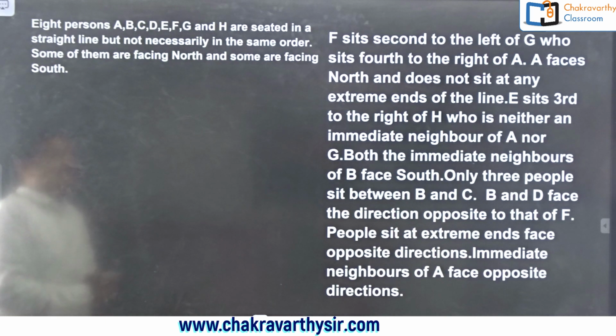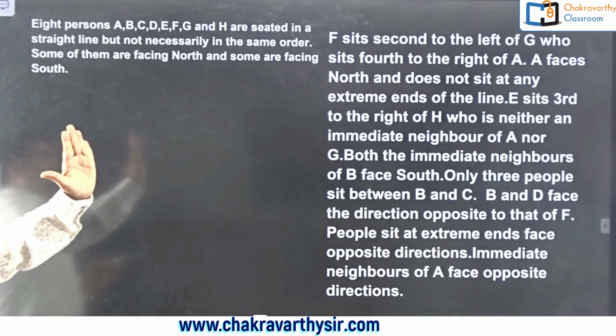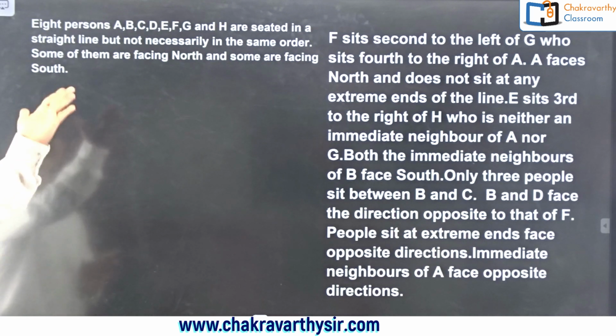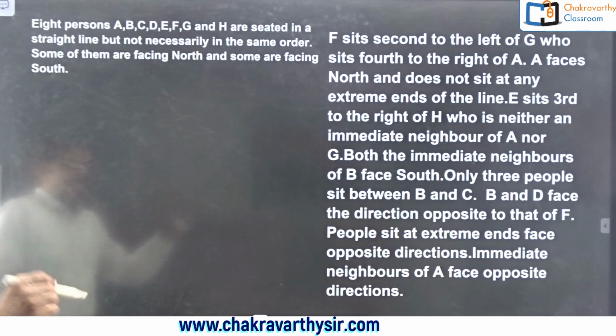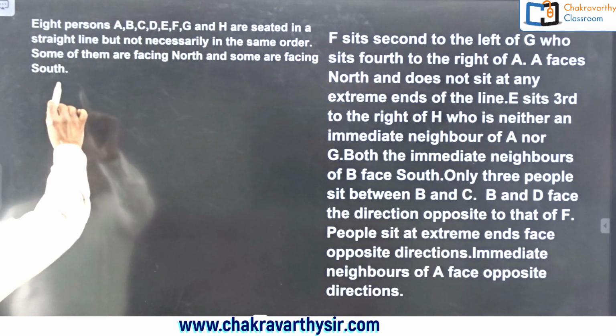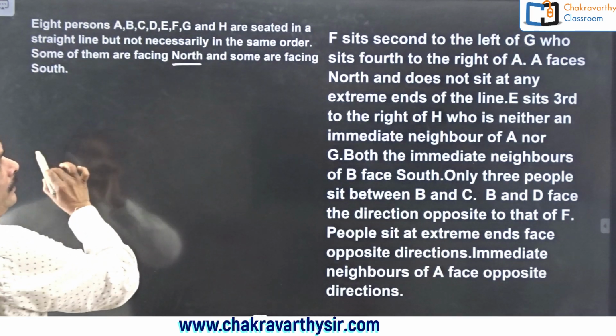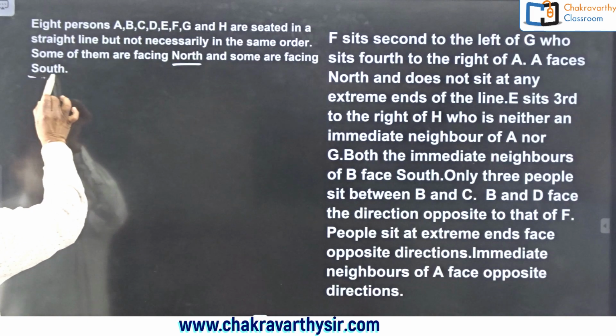First, read the data. While reading, you need to understand it properly. There are 8 persons, A to H, seated in a straight line, not necessarily in the same order. After that, very important, some of them are facing north and some of them are facing south.